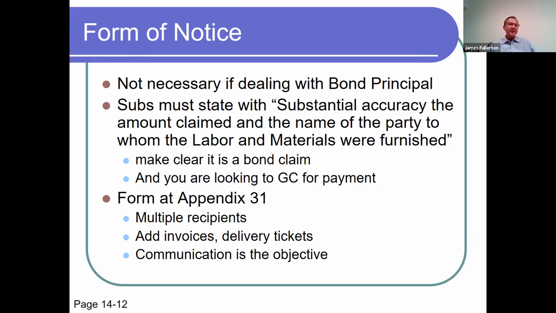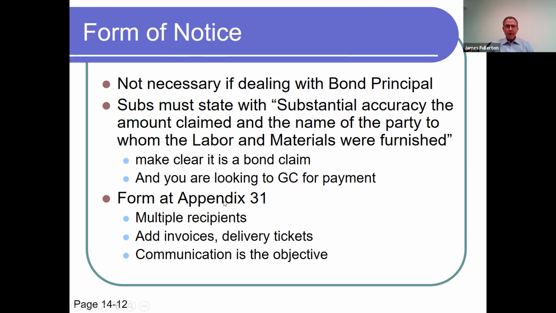And that did not constitute notice under the Miller Act bond because it didn't make it clear that we are expecting you to pay, general contractor. We are looking to you for payment, or I think it's better to just say, this is a claim on the payment bond on this project. That's the best way to make it clear.